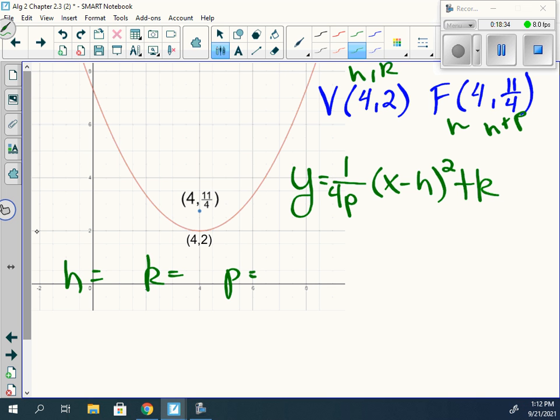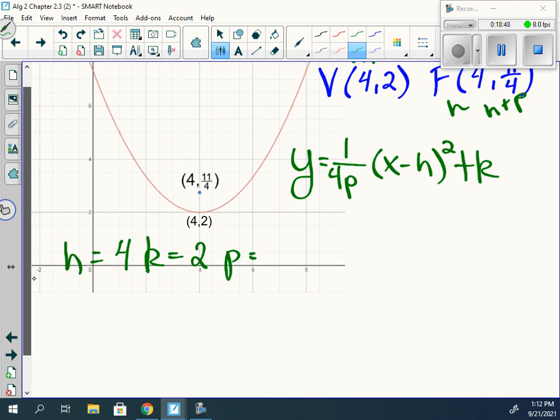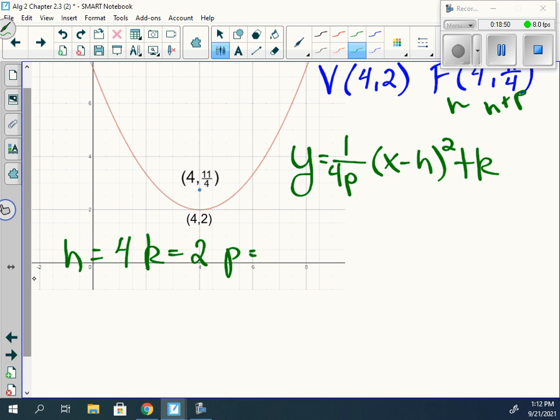So what's the value of h? The value of h is 4. The value of k is, and we'll definitely need to find the value of p. Any questions thus far? Now, we know that h plus p is equal to 11 fourths.